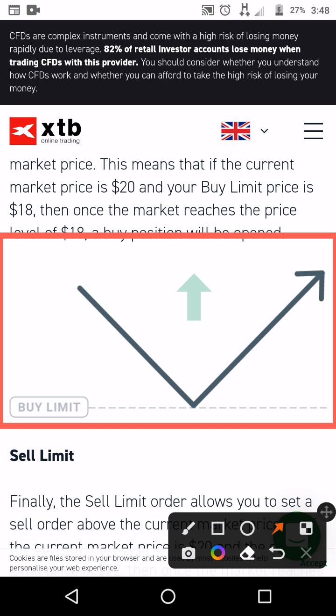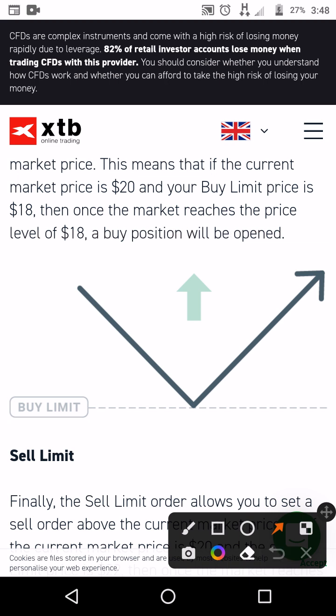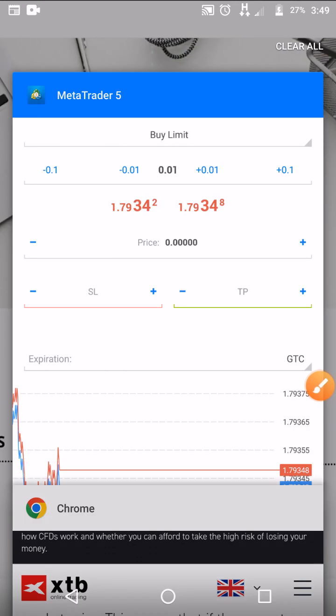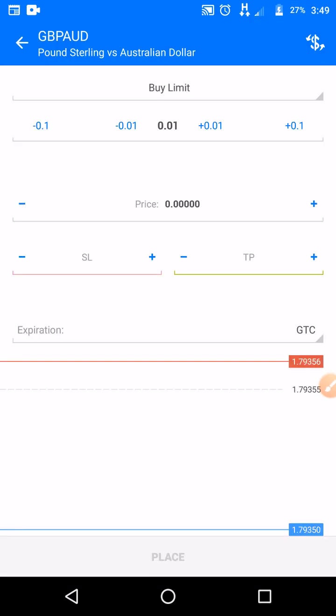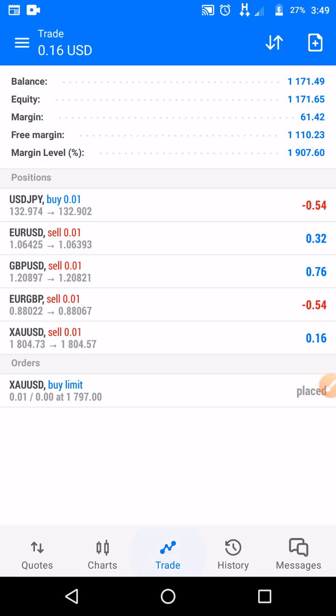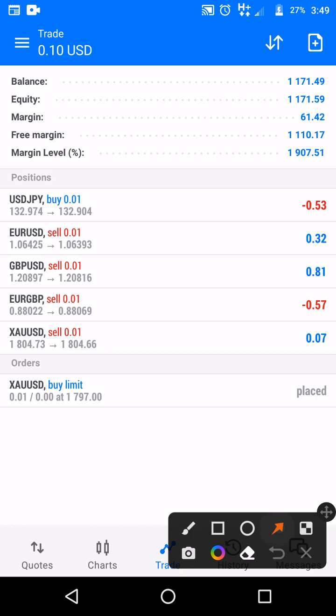Okay, so let me show you a real example here in MetaTrader. Let me go back here. Okay, so you can see I'm trading on this one, which is XAU USD, which is gold versus USD here.